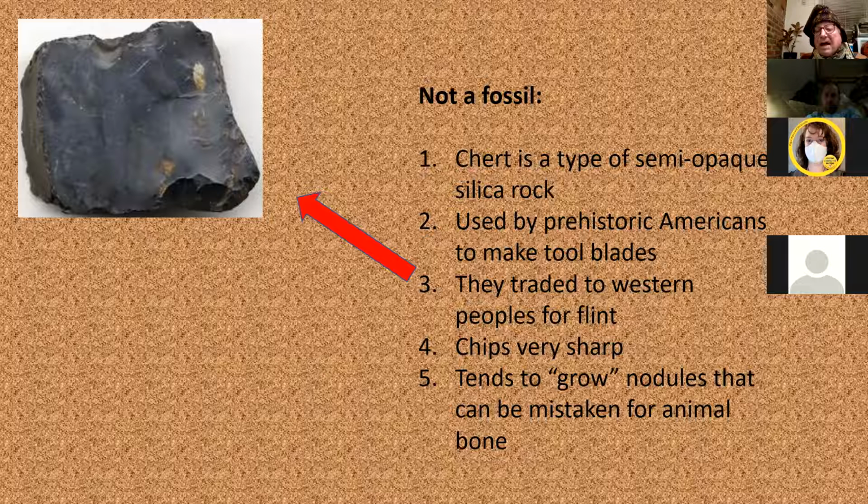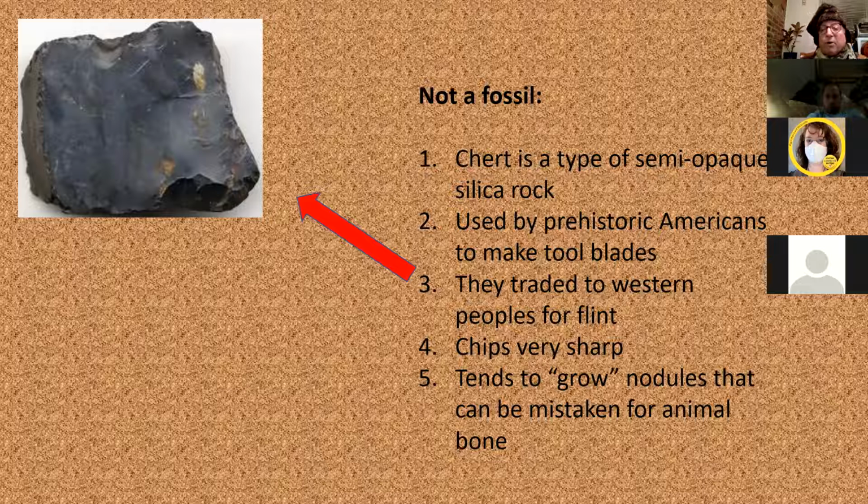These people actually traded that chert to Western peoples for flint. The people here wanted flint for fire starting and for making spearheads, things along those lines, weapons.